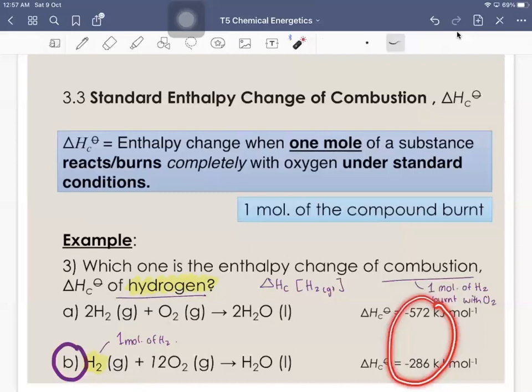So this agrees with the fact that if we double the number of moles, the enthalpy change also doubles. Okay, so you can check that 286 is half of 572, right?